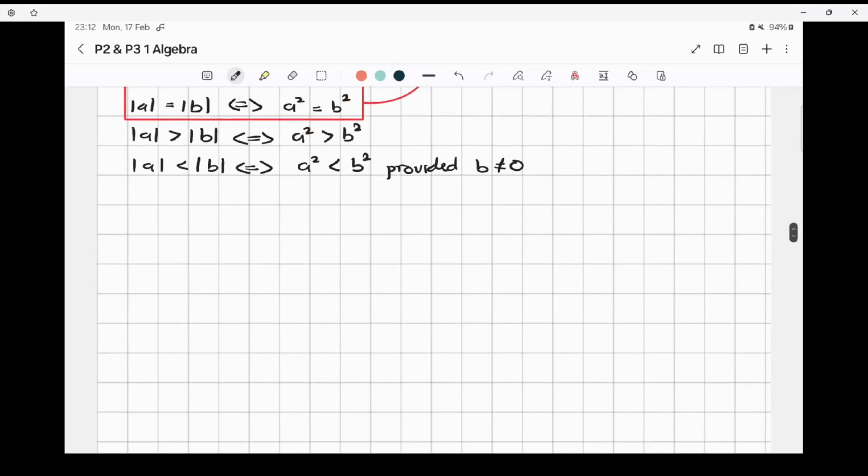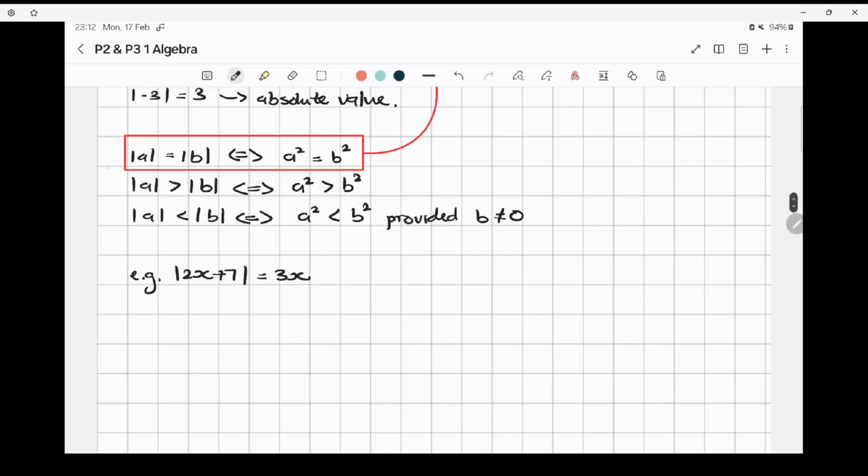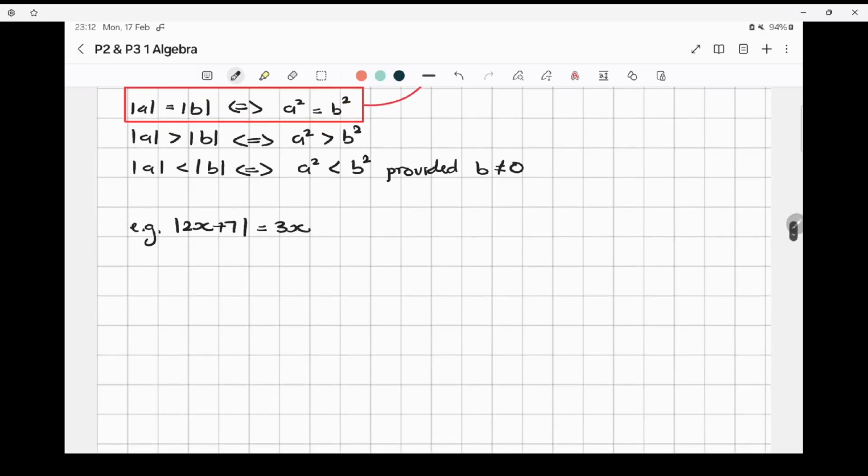So let's look at some examples. Let's say you have modulus of 2x plus 7 equals 3x. Over here I will just do two ways. One of the ways is to use the one circled in red. You square both sides.